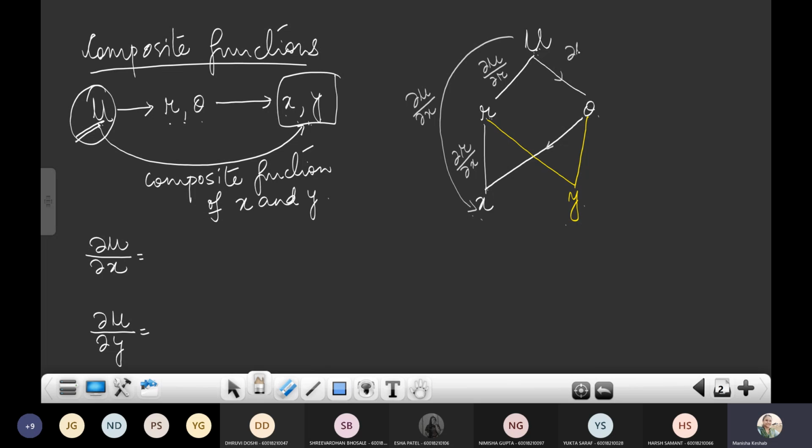Therefore, we also have to consider del u del theta, and for this we will be using del theta del x. So there are two paths to reach x. Hence, del u del x we will write as del u del r and then r with respect to x, plus del u del theta and then theta with respect to x. Is this clear?